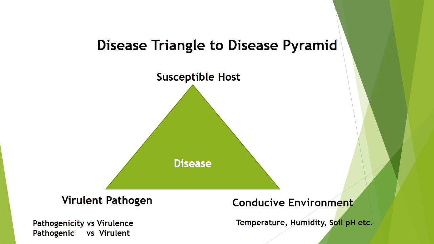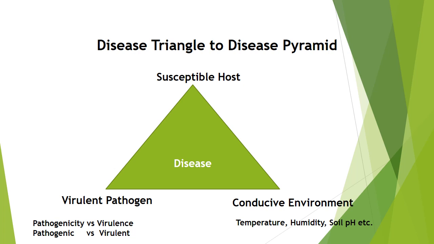So different environmental factors play a key role, and these factors include temperature, humidity, and soil pH. How do they play the key role? Because every pathogen can grow and reproduce at a certain temperature or a certain humidity and live in the soil at a certain pH.